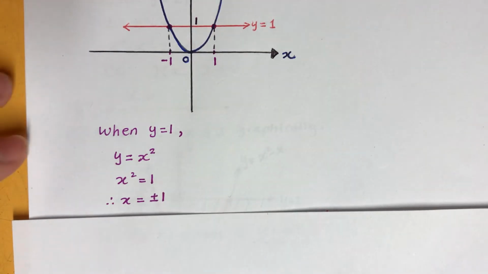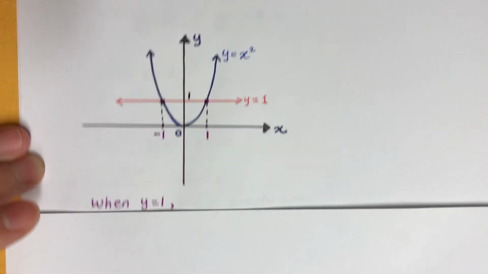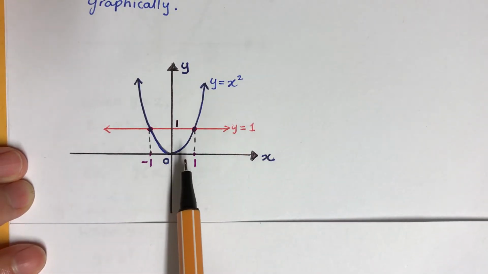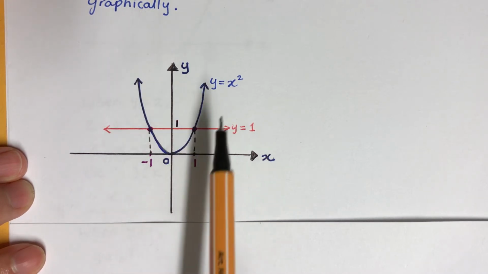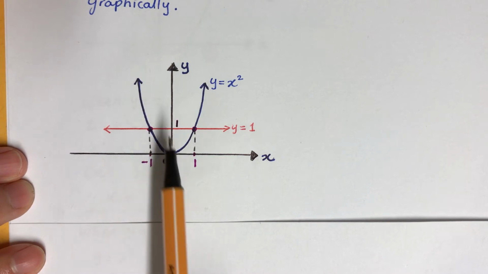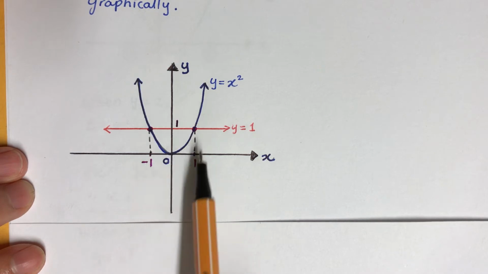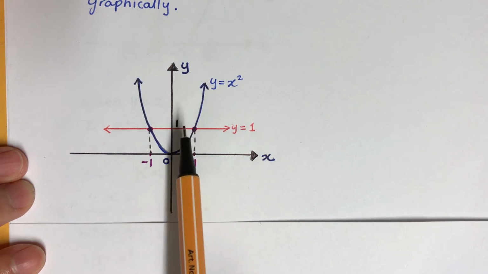Now, it's not ideal because the question says graphically. So if you actually sketch this properly on the grid paper and do it with the correct, appropriate scale, you probably will be able to see it and can tell what the x coordinates are when y equals 1.